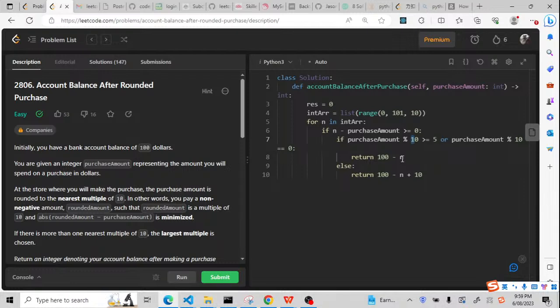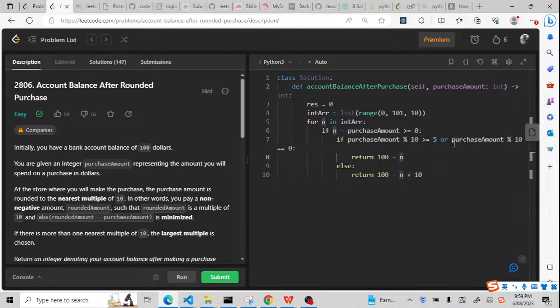For example, if my purchase amount is 6, and 6 modular 10 is more than 5, this n should be 10, because 10 minus 6 is more than or equal to 0. So I'm going to immediately return 100 minus this number n, and n is 10 at the moment.